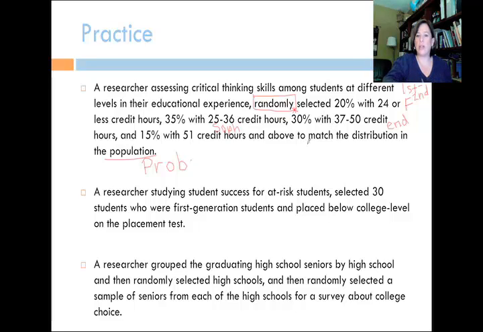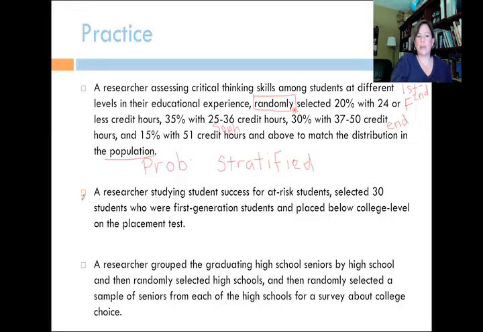And the researcher matched the distribution in the population on number of credit hours, and selected in proportion for the sample. So this was a stratified random sampling method, stratified on number of credit hours the students had achieved.